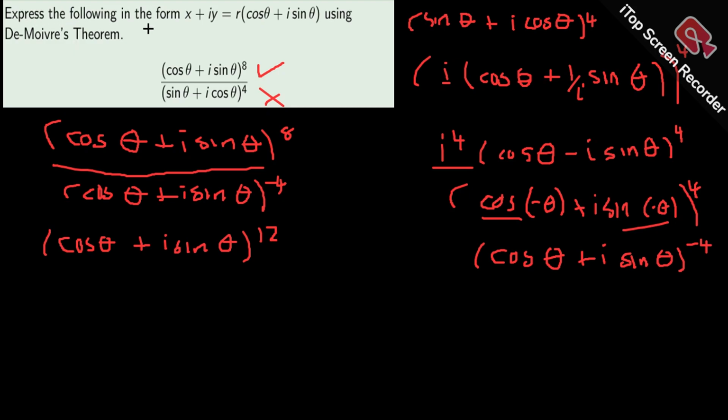Express the following in the form x plus iy, which is equal to this. So what you're going to do is this.